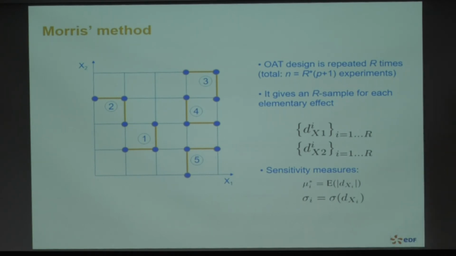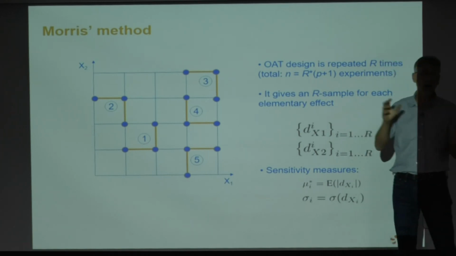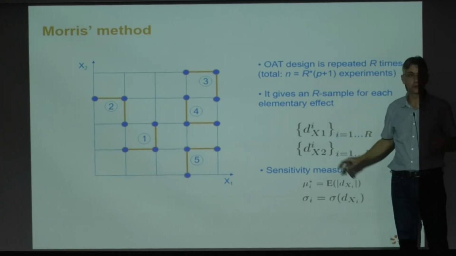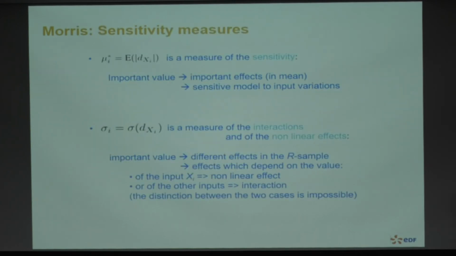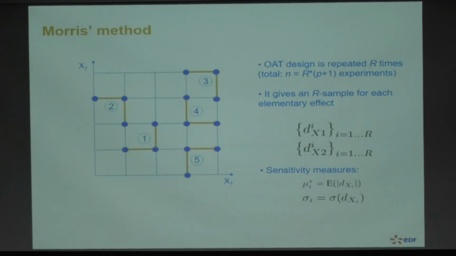And a constant derivative means that the response is linear with respect to the input. Derivative constant is linear. Okay? So when sigma is small, it means that the effect is linear. So when sigma is not small, it means that something happens.